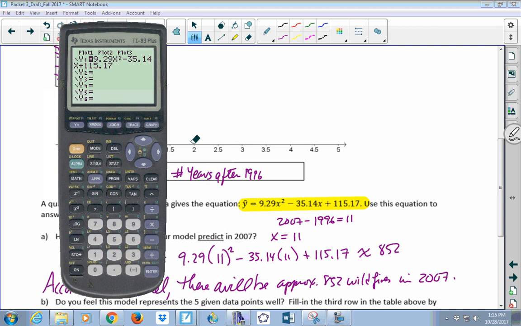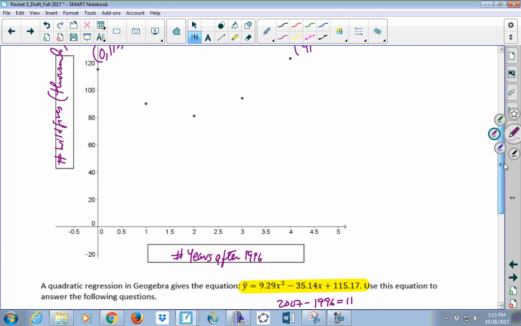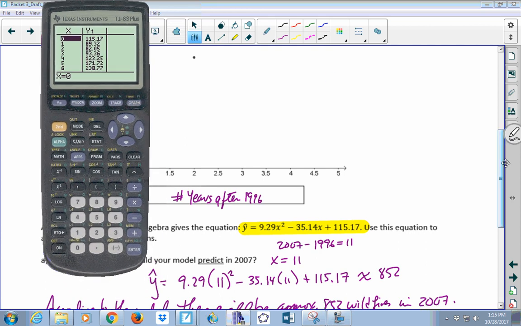And then since our table here starts at 0 and goes through 4, I can ask the calculator. I'm going to set my table here, second table set. I'm just going to say 0 and increment by 1 because it's every year. And I'm going to have my table calculate all my values for the number of wildfires automatically. That's what auto means. So now I do second table.